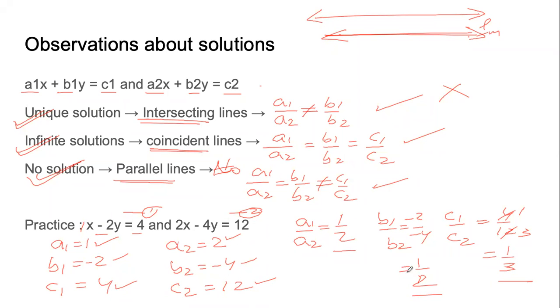Now A1 by A2, B1 by B2 are the same, but C1 by C2 is 1 by 3. So the second condition is also not right. The third condition is right here. A1 by A2 equals B1 by B2 is not equal to C1 by C2. So we will not be able to find any solution because these will be parallel lines. Definitely parallel.